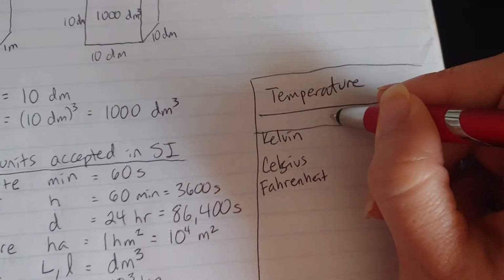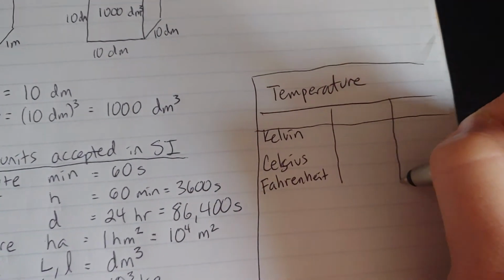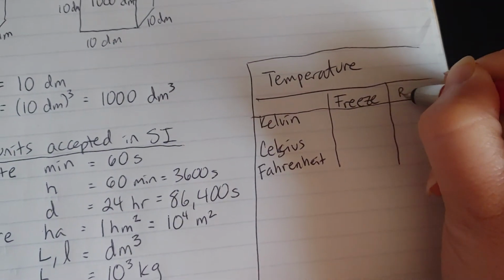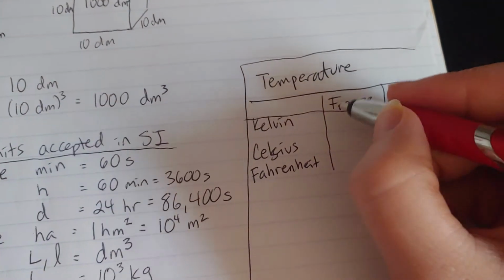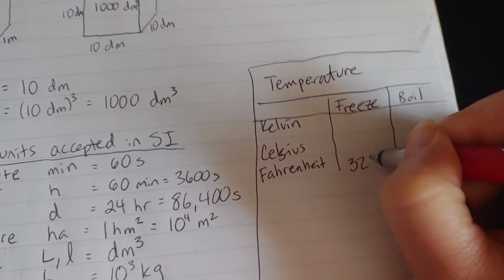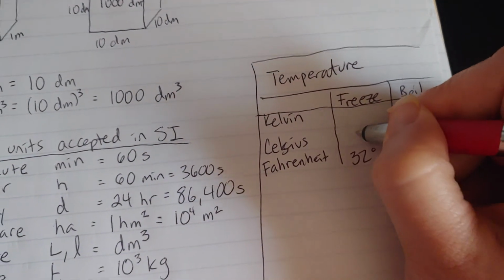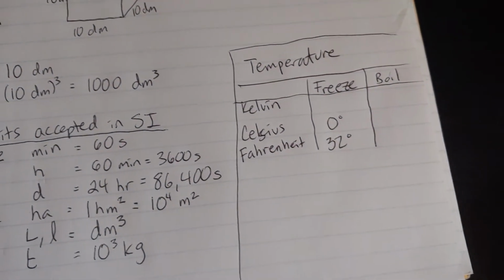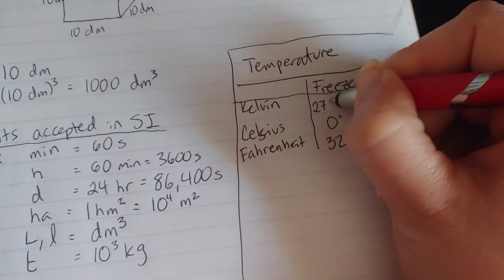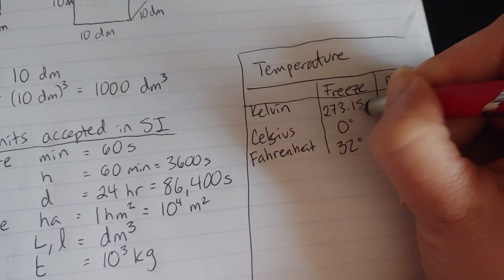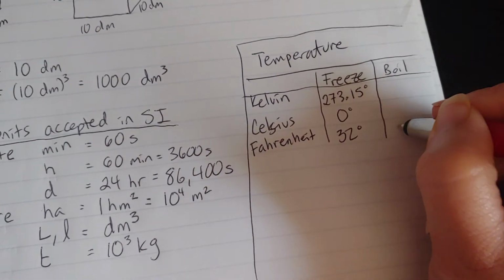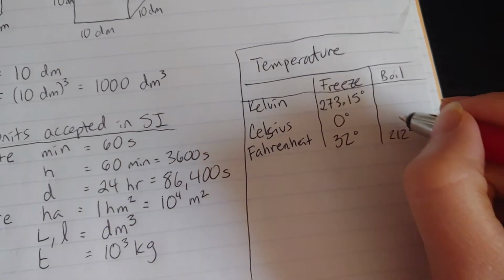Now these are very different in the temperatures at which they freeze water and at which they boil water. So at 32 degrees Fahrenheit, which is 0 degrees Celsius, water freezes. At Kelvin, that happens at 273.15 degrees.